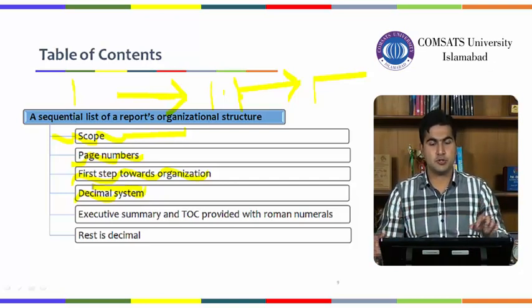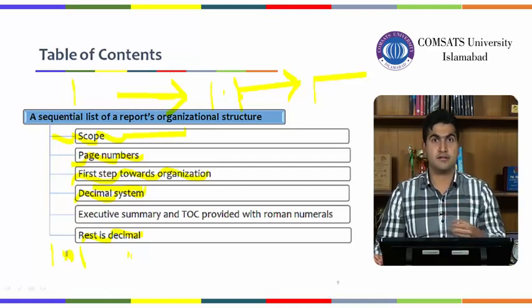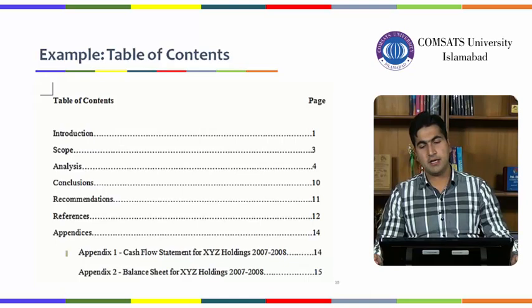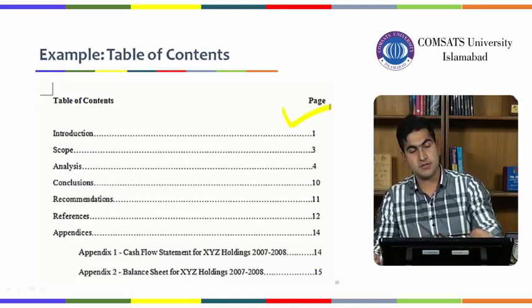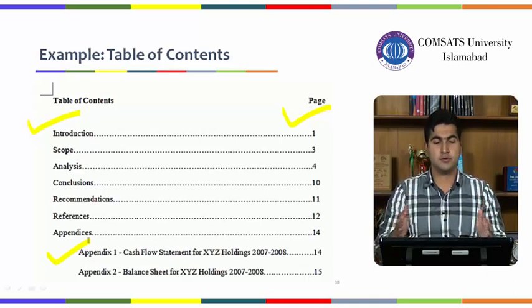The rest of the information is all decimal, just the way 1.1 as I have mentioned it. So I am making a dot here. This is the way you can see page numbers mentioned, headings mentioned, and the appendix also mentioned here. That's how you order it.